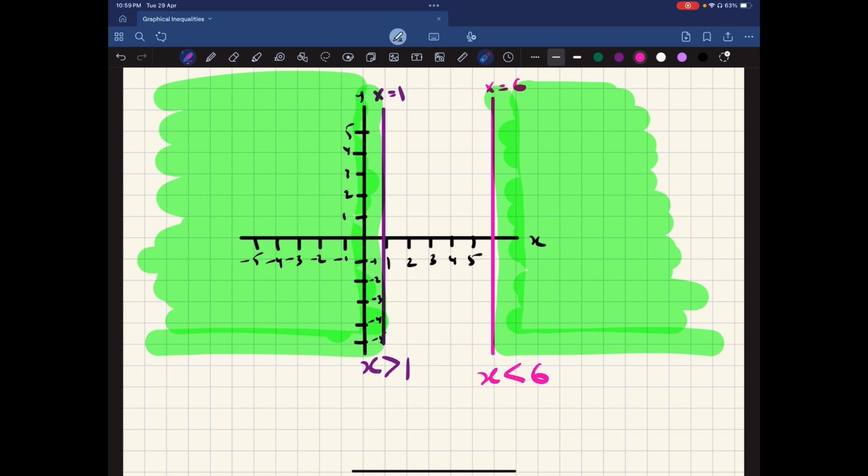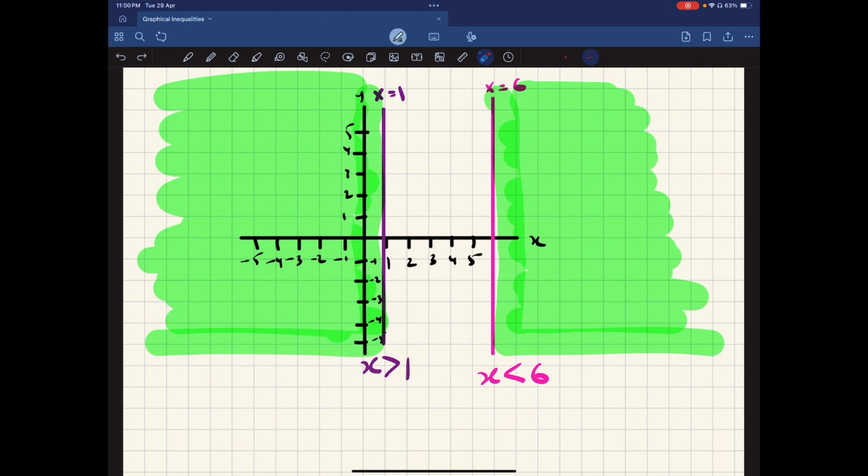And it does make sense otherwise as well. All these numbers are greater than 1. All these numbers are less than 6. Okay, so basically, the region representing the required inequality is left unshaded.